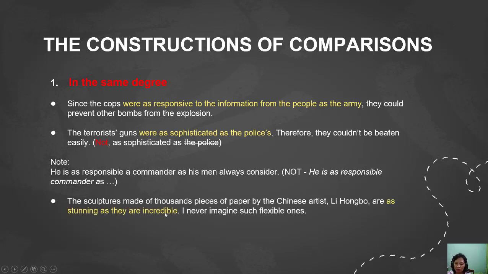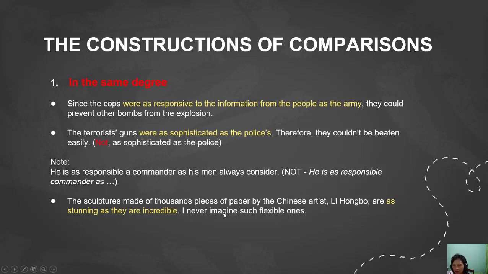Okay, how about if we want to compare two qualities in one person, or in one thing, like this. The sculptures made of 1,000 pieces of paper by the Chinese artist Li Hongbo are as stunning as they are incredible.